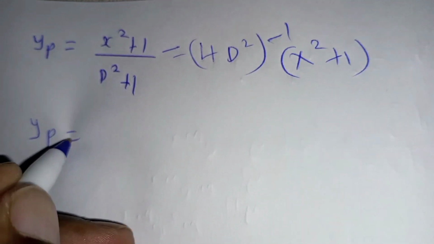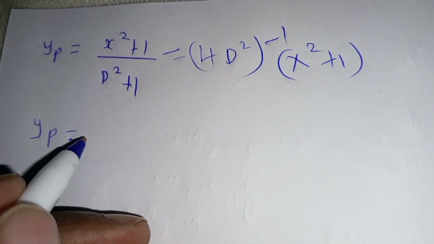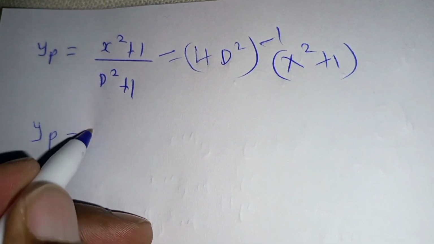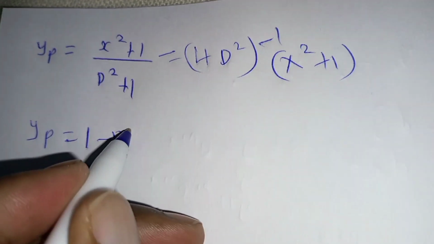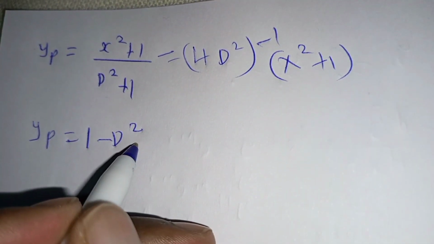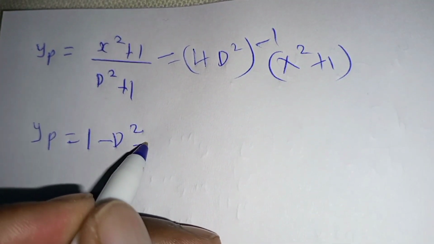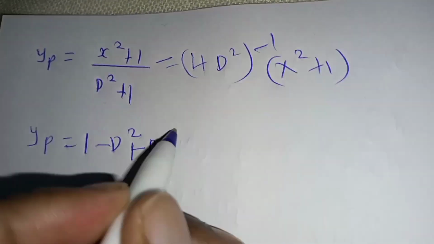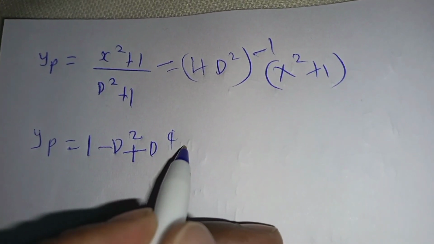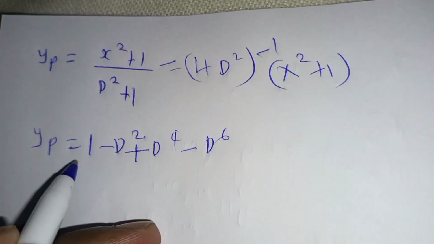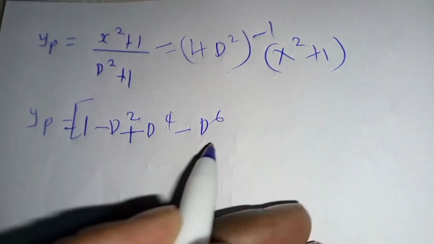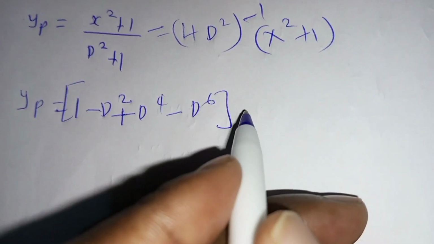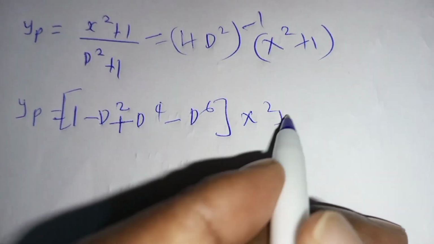part with 1 plus D squared using Taylor series as 1 minus D squared plus D power 4 minus D power 6, multiplied by x squared plus 1.